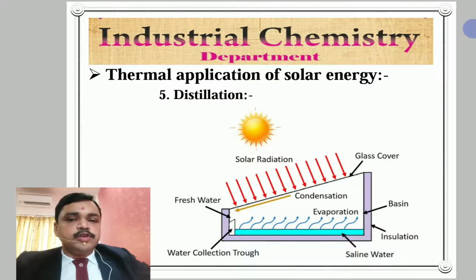An output of about 3 liters per square meter, that means if our instrument is 1 by 1 meter, then the output is 3 liters, with an associated efficiency of 30 to 35% can be obtained in a well-designed still on a good sunny day.